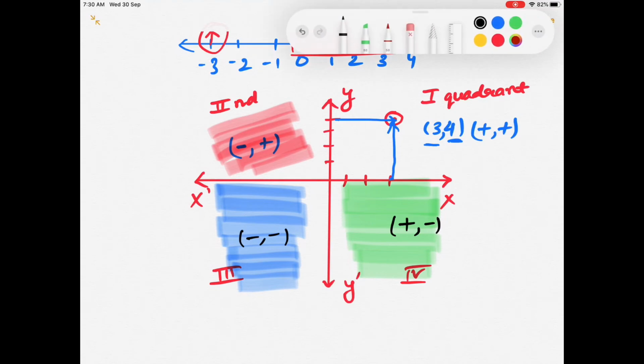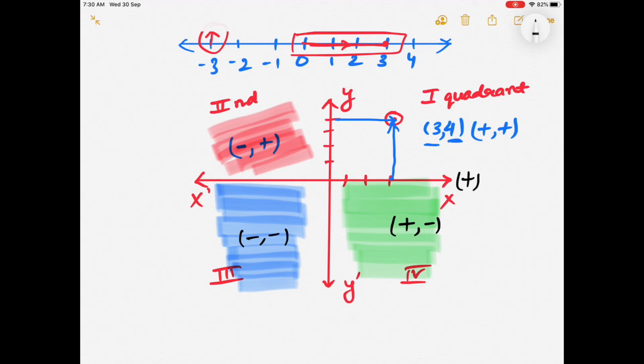How to remember these markings? When we draw the x-axis, the right side will be positive and the left side will be negative, and when we rotate the x-axis in the anti-clockwise direction and draw the y-axis at 90 degrees to the x-axis, the upper part of the origin will be positive and the lower part of the origin will be negative.